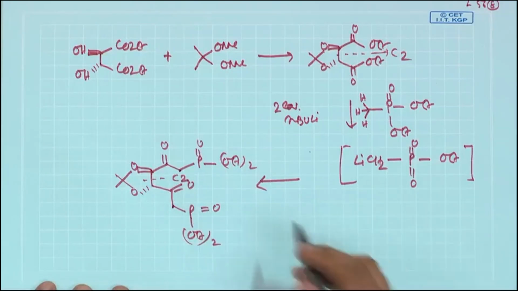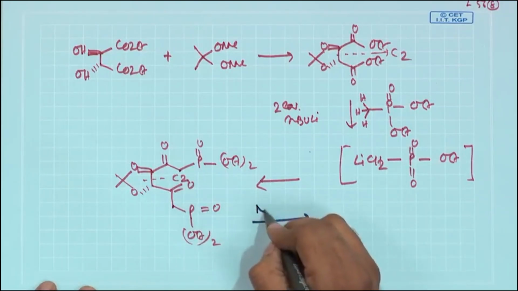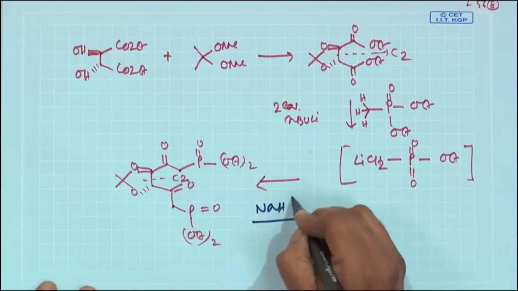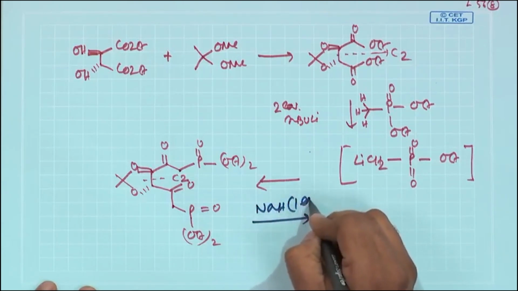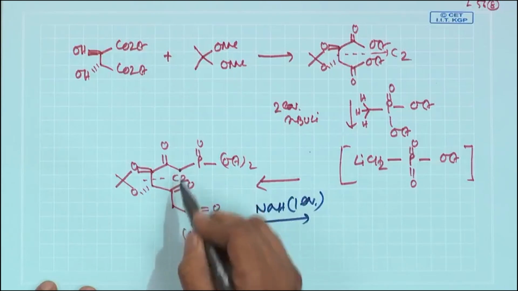So, now if we do an intramolecular Horner-Wadsworth-Emmons reaction by just treating with 1 equivalent of sodium hydride, you generate a carbanion either here or here.